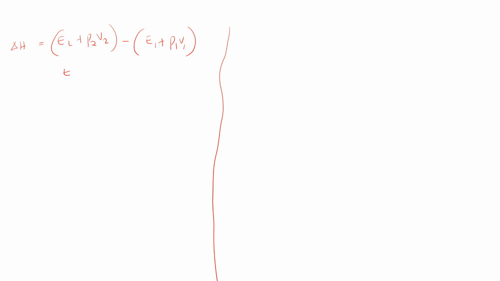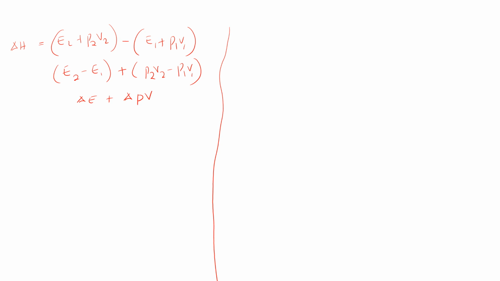And so if you collect the like terms, then we'll have E2 minus E1, then plus P2 V2 minus P1 V1. And this gives us delta E plus delta PV, change in PV.